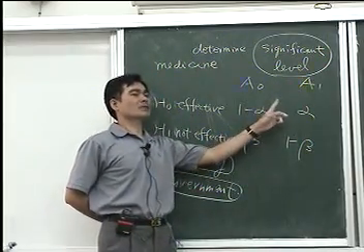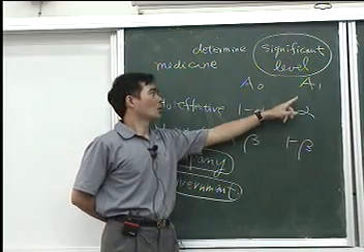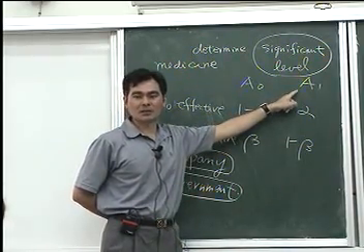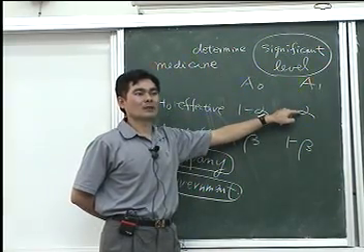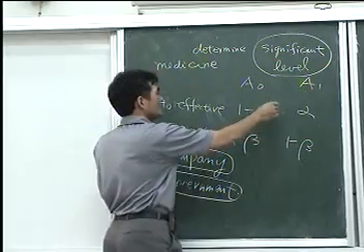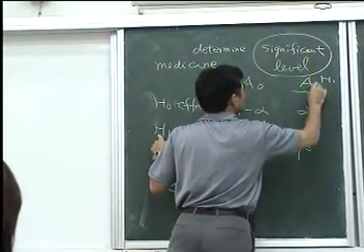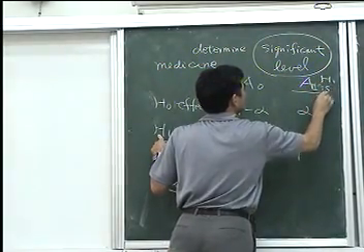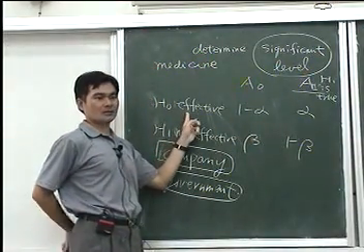And what does significant level mean? Significant level is when the medicine is actually not effective, but you say it is effective, right? So this is H1 is true, but you say H naught is true.